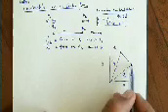Then the force between these two charges in terms of position vectors can be calculated as follows. First I will calculate the force on q1, that is F12, and afterward I will calculate the force on q2 due to q1. First I will draw a line between q1 and q2.